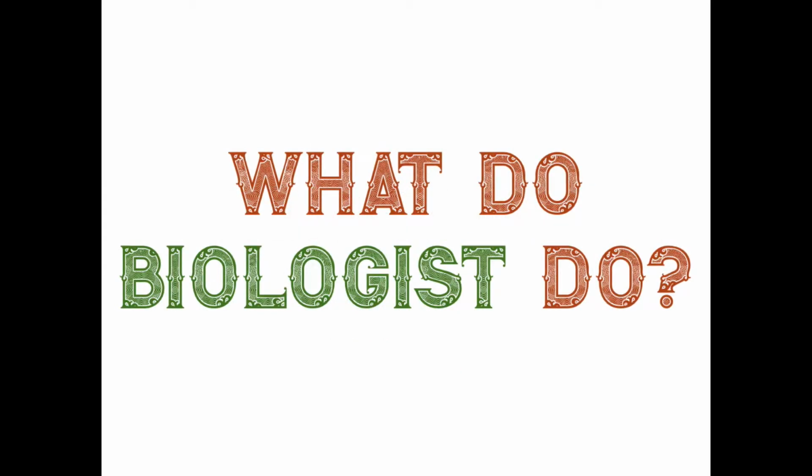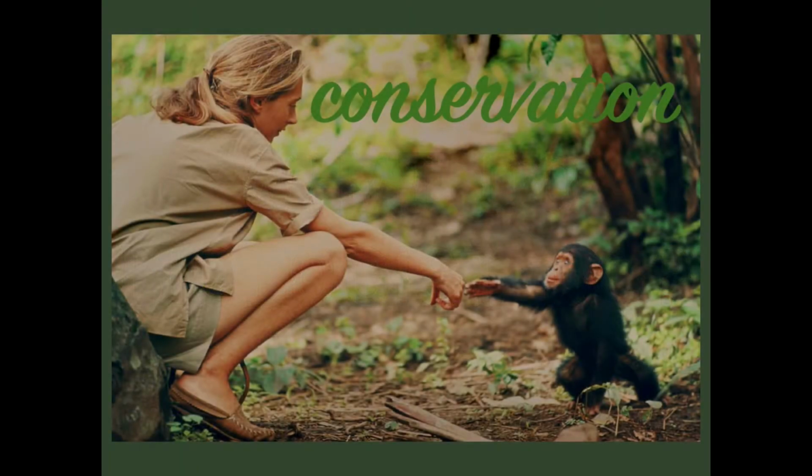So what does a biologist do? This is a very all-encompassing class. You can do a lot of really cool things with biology, a biology degree in particular. You can go into conservation, and we're going to be dealing with this idea quite a bit this year because this is an issue not just locally, but globally.